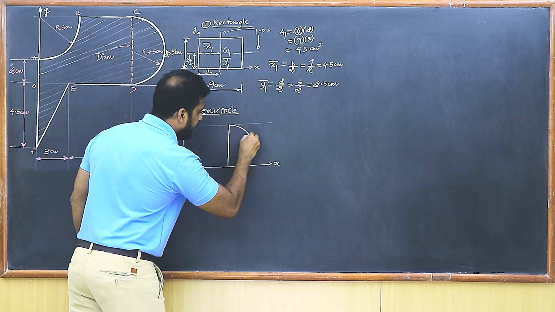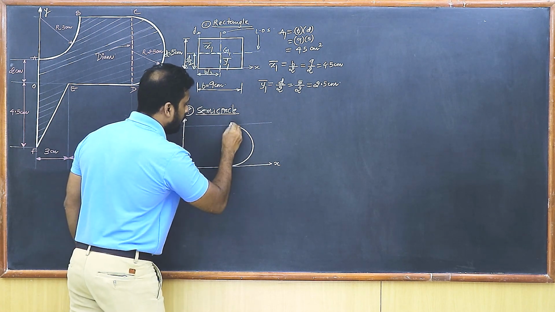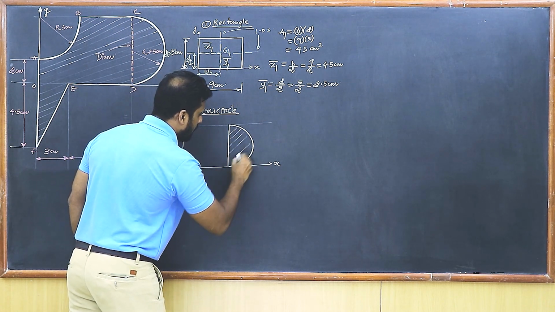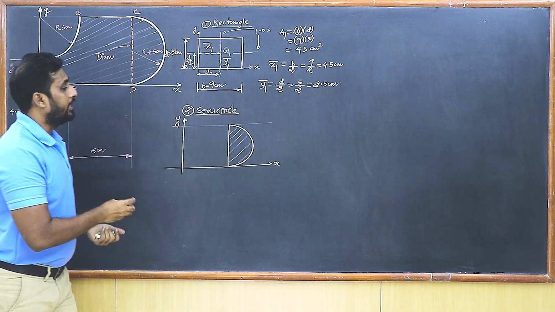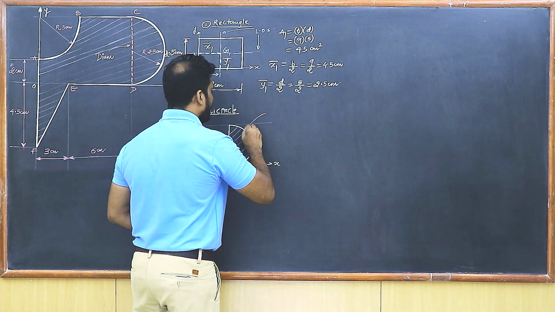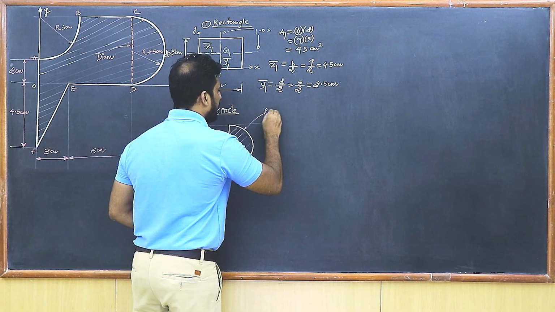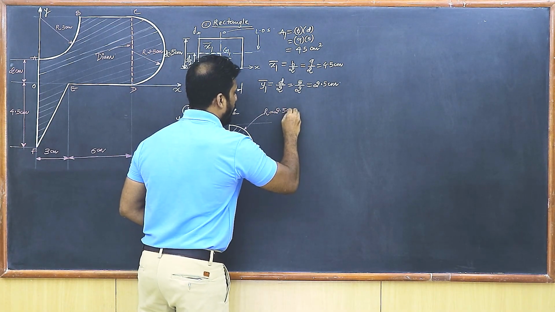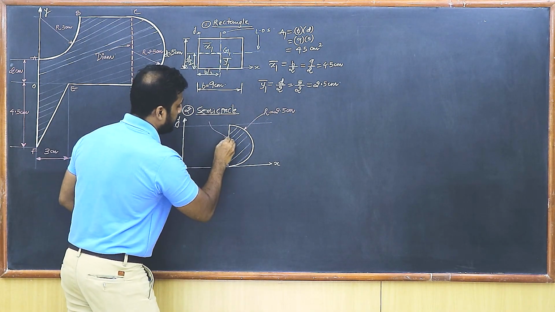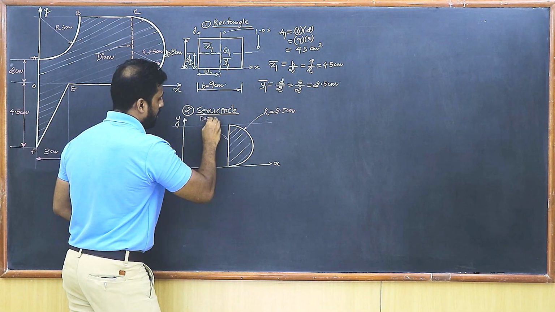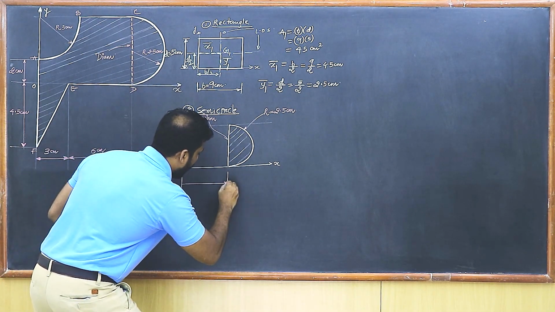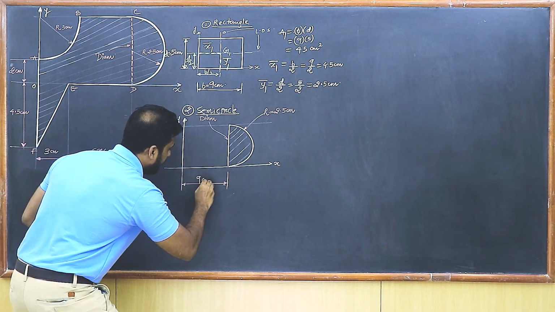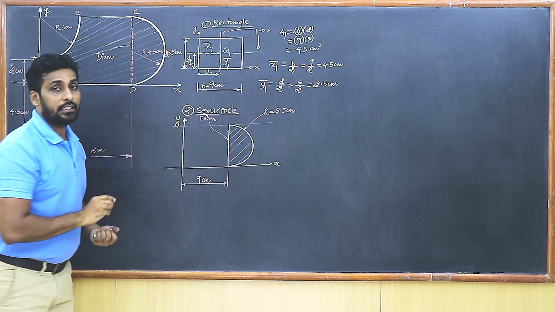And what is the radius of this particular semicircle? So this semicircle has radius 2.5 centimeters. So let's write the details. I can say that this semicircle has radius 2.5 centimeters. This line has become the diameter and it is at a distance of 9 centimeters from the y-axis, isn't it?